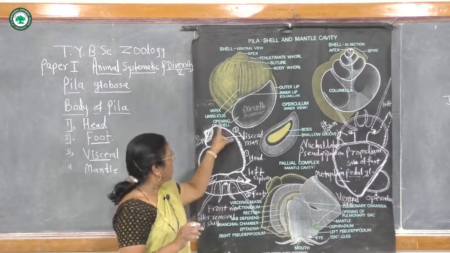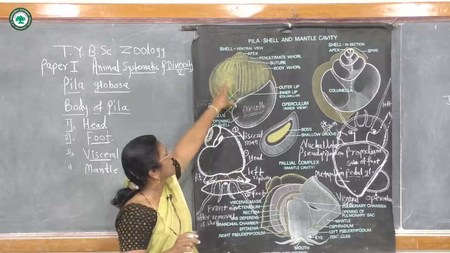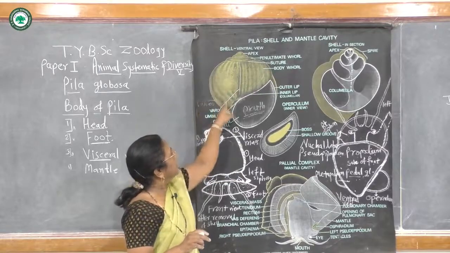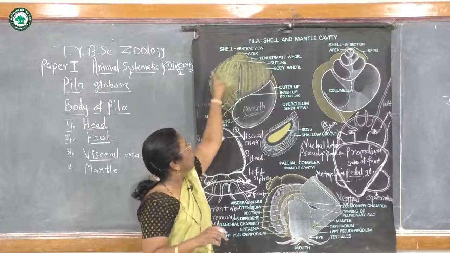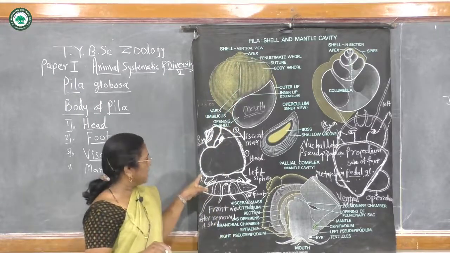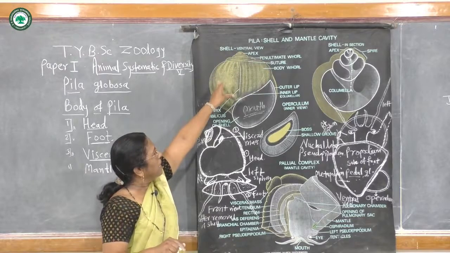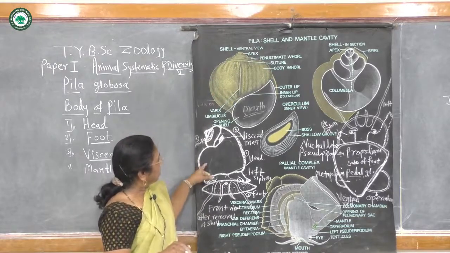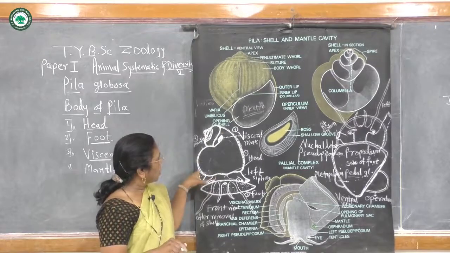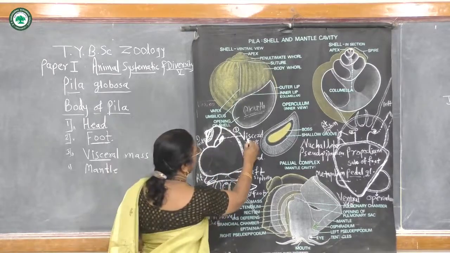All the body organs which are soft and delicate are enclosed within this shell, that is, inside this body whorl and other penultimate whorls and apex. All these enclose this soft, delicate part of the body, which is called the visceral mass.